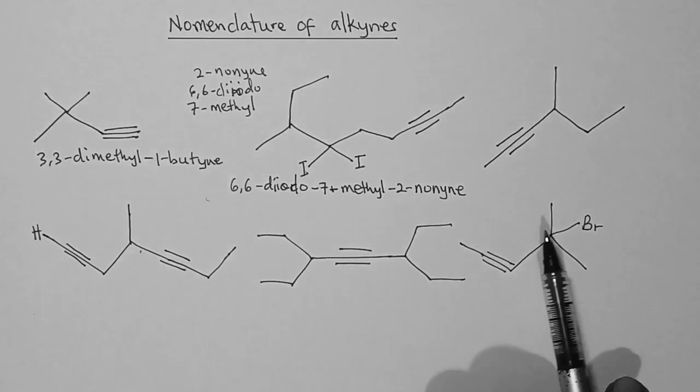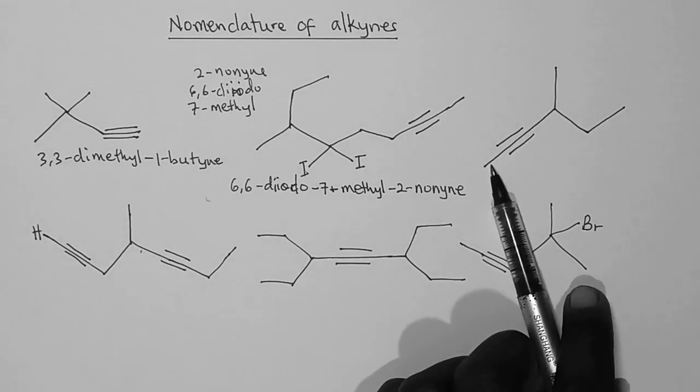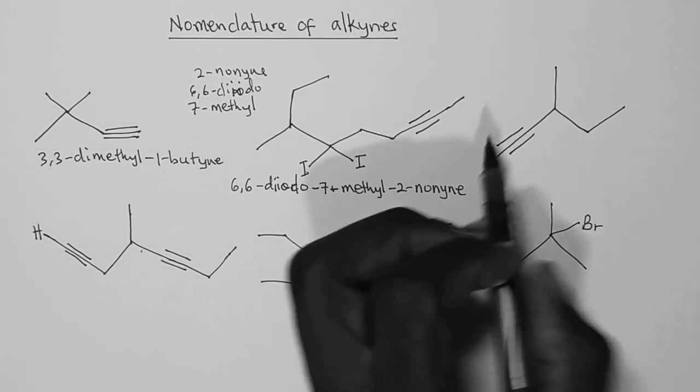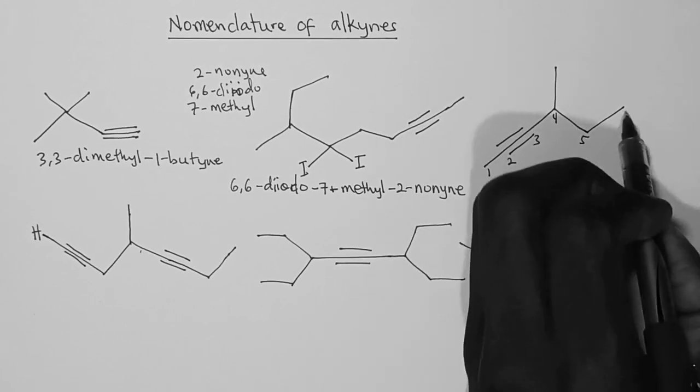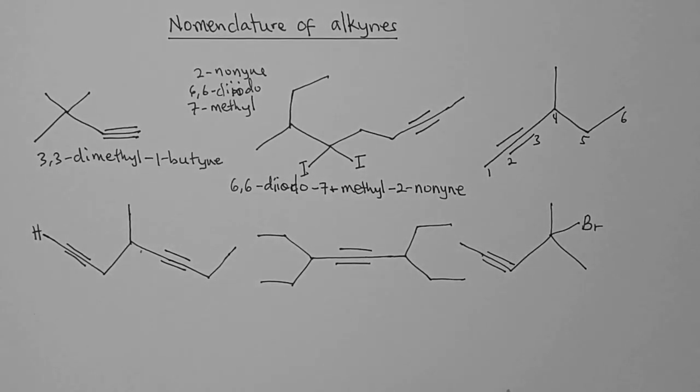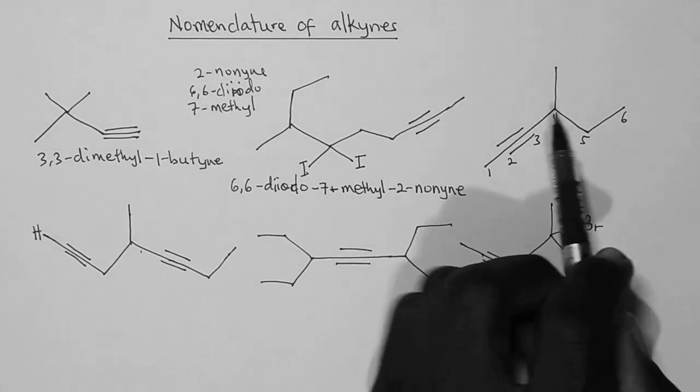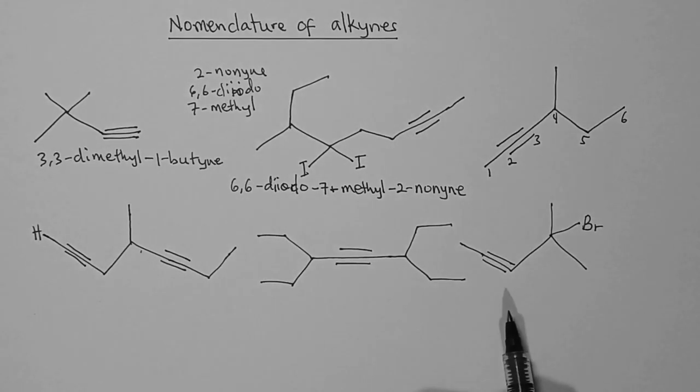Let's come to this case. So you see that this carbon number 1, let me number them, number 2, number 3, 4, 5, and 6. So 6 carbons, we are talking about a hexane. And so you can see that this is a 2-hexyne. However, we have a substituent on carbon number 4.